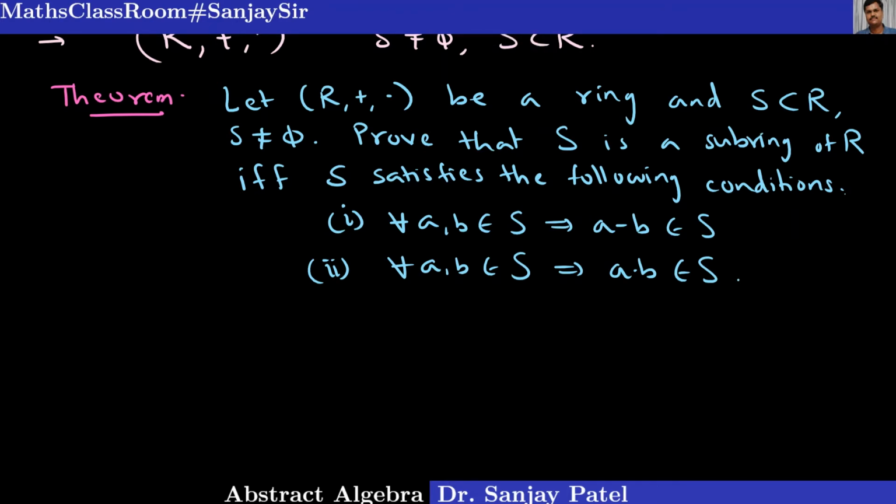So let us prove this. That is, if and only if means it is a necessary and sufficient condition for a non-empty set S to be a subring. One part is very simple. Suppose the set S is a subring.